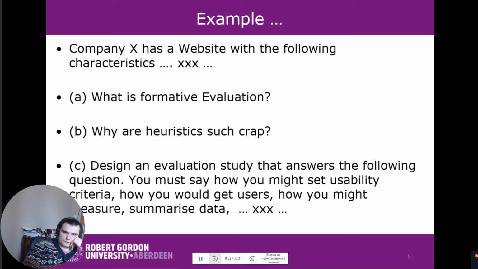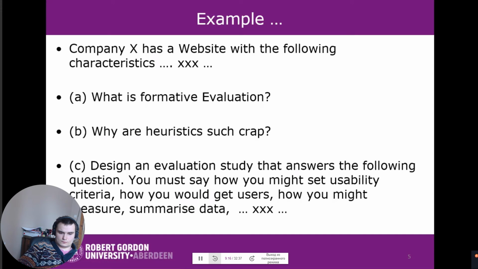And then B, why are heuristics so poor? That's because they are not defined, and they're hard to use because they're not defined, and you don't get inter-rater reliability, and people like Rosson and Carroll think that they contribute absolutely nothing. And that's in the lecture notes, actually.